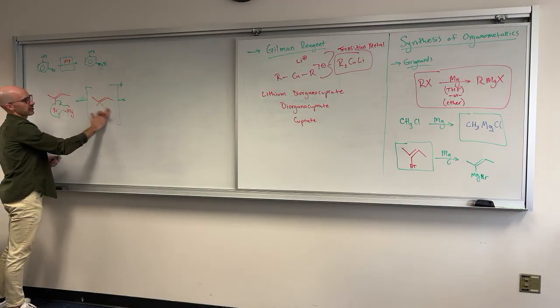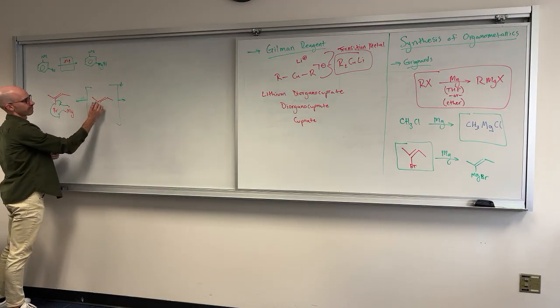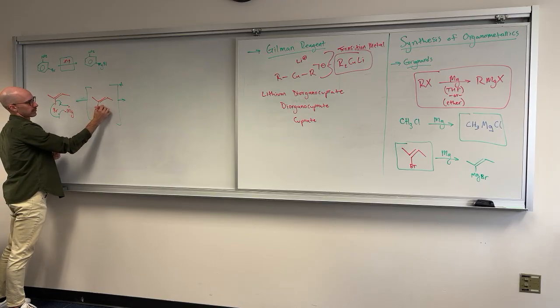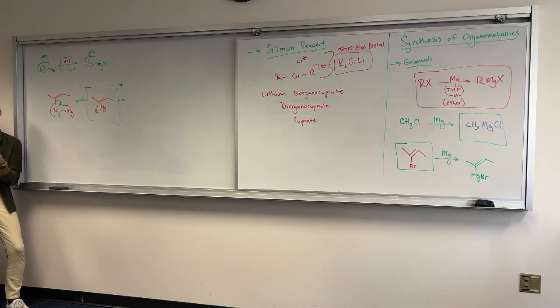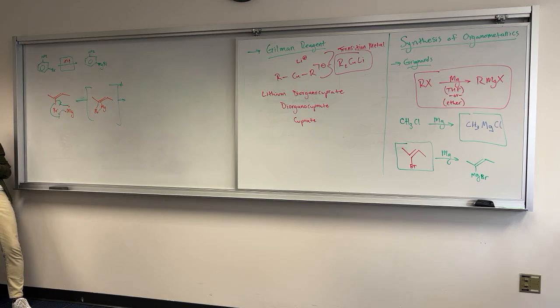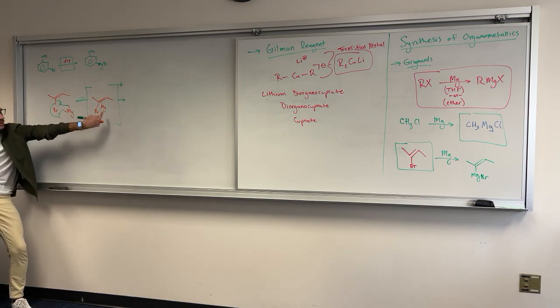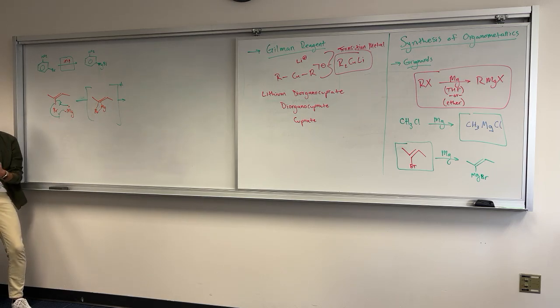In which case, we get a structure that's more like magnesium is getting pulled into the bond. Magnesium is being sucked in between the carbon and bromine. That wouldn't break any orbital rules and would allow the stereochemistry to be preserved.